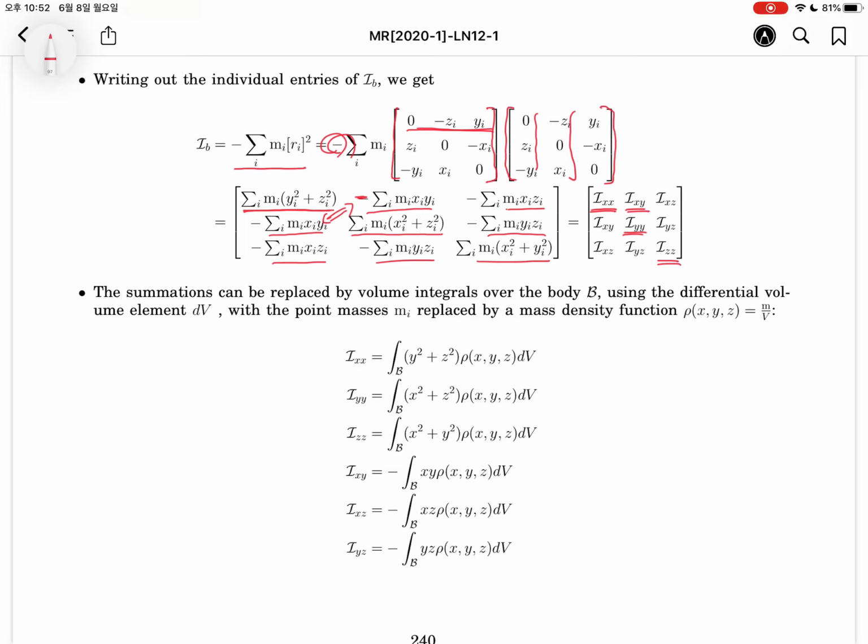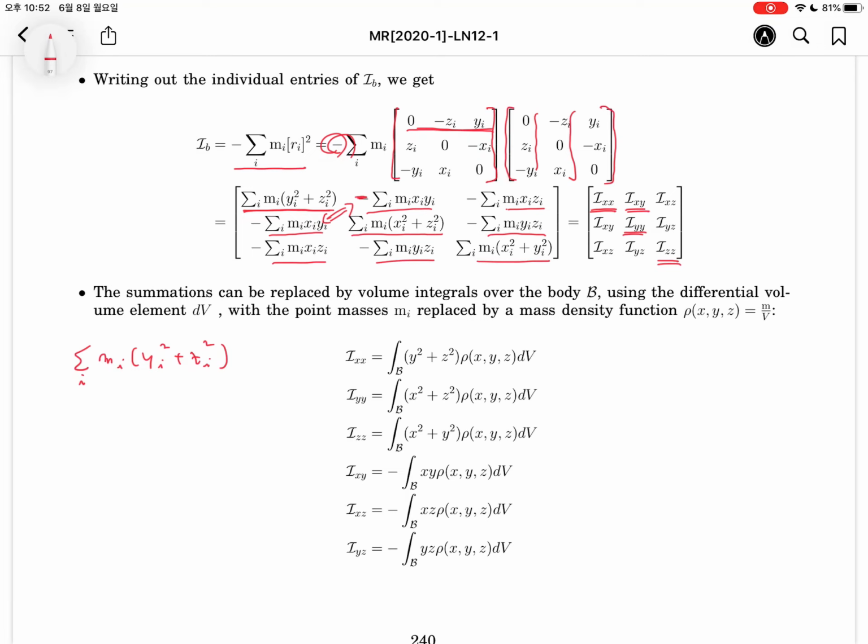Okay, it can be extended into the volumic integral. Here, let's consider the 1 by 1 element. This is the mi, and yi square plus zi square.